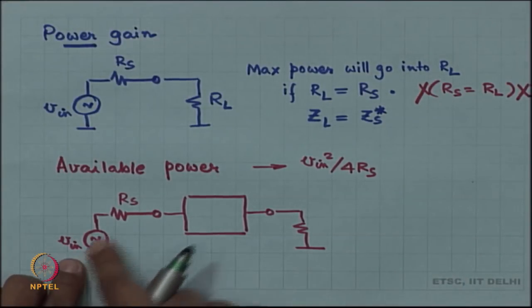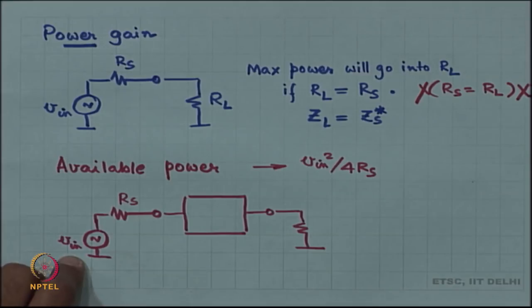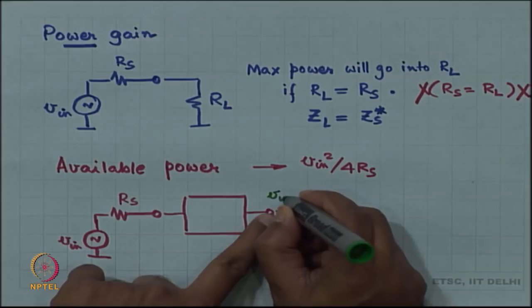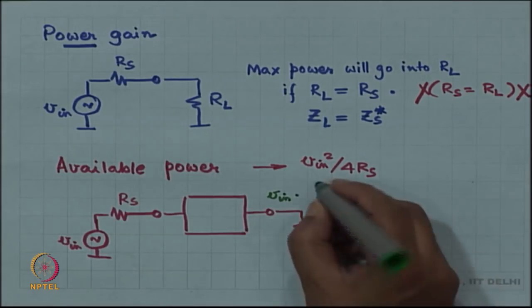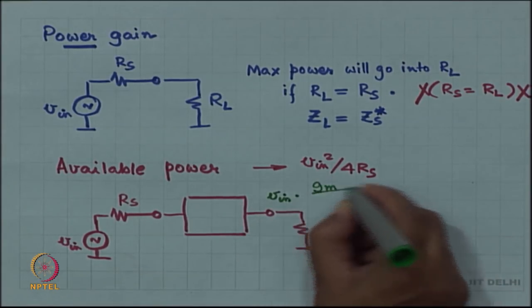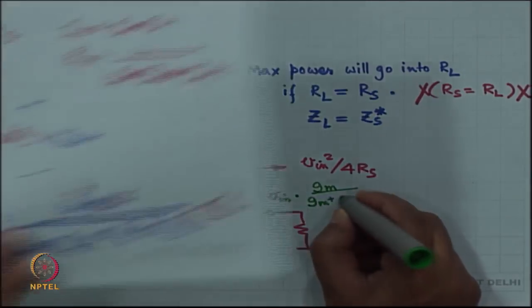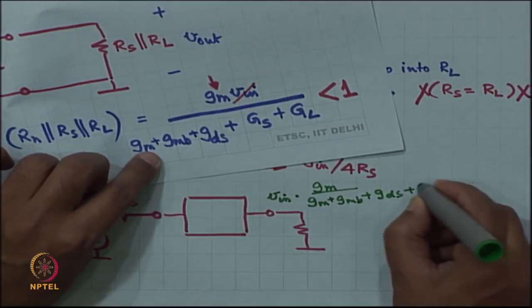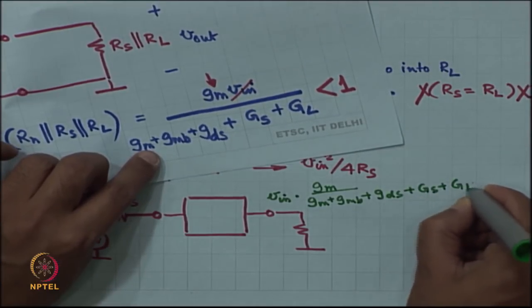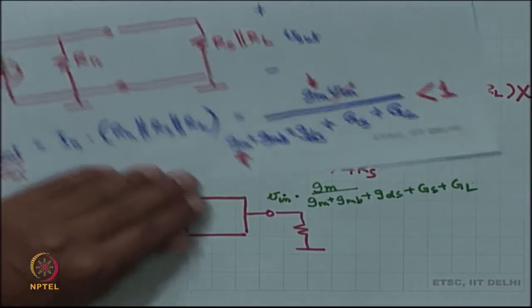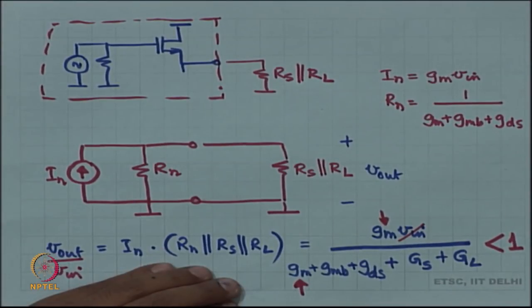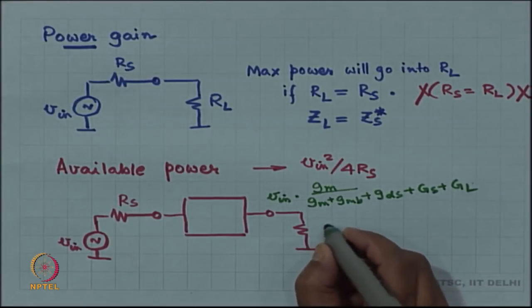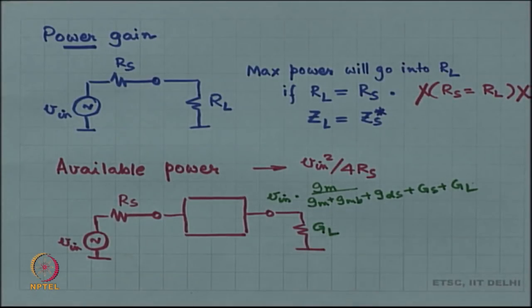So, the available power from here is V in squared by 4 RS, but what you got over here, the voltage over here is V in times that voltage gain, which is GM by GM plus GMB plus GDS plus GS plus GL. Correct, that is the voltage V out, and this is GL. Okay.